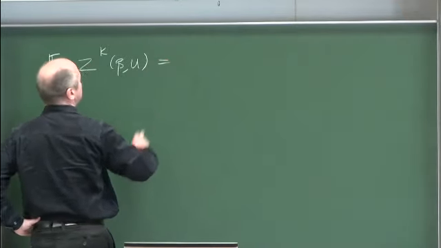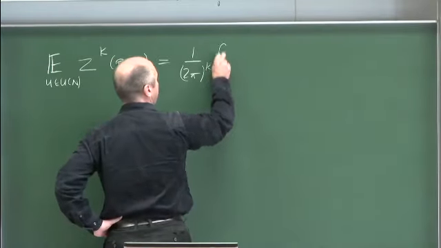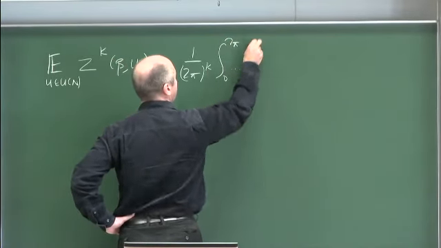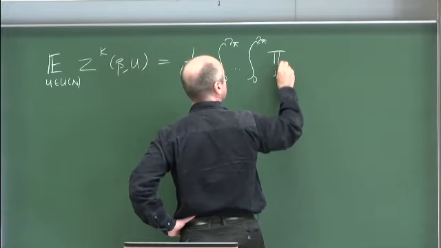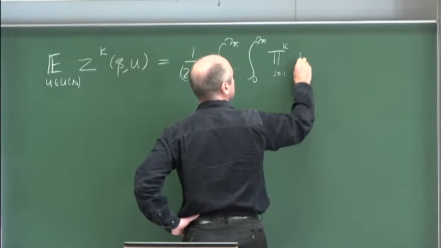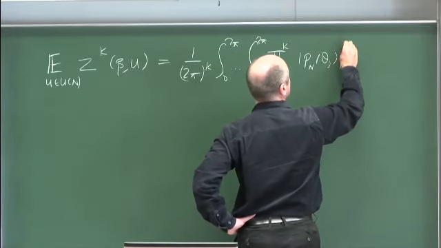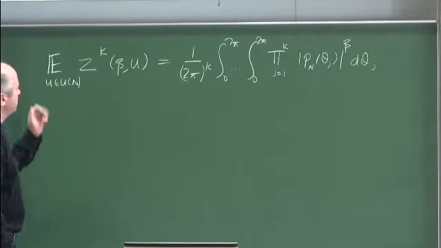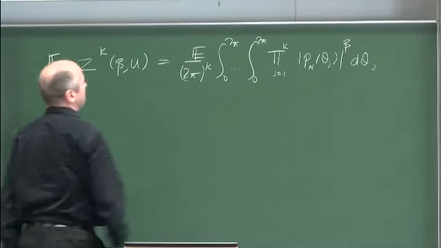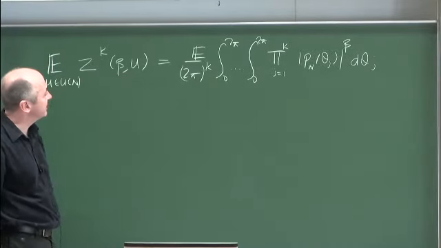This you can write explicitly, simply by writing Z as an integral over P, and then taking the kth power of that integral.